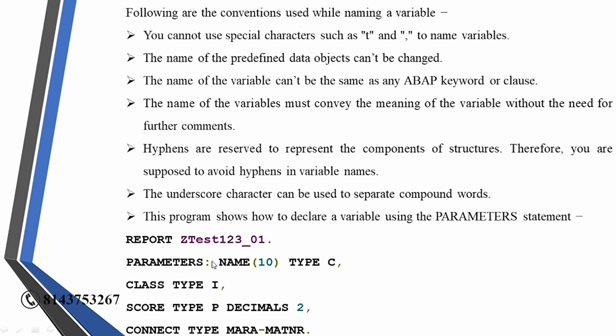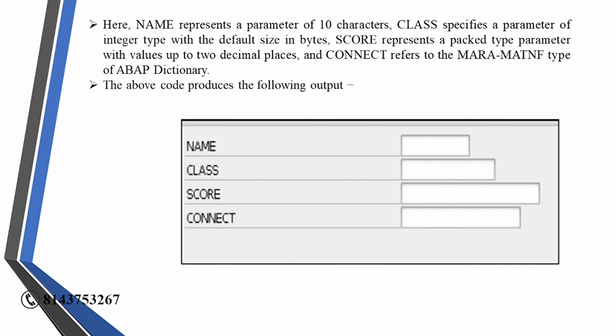But the PARAMETERS statement tells us that it does not hold data inside the program; it gets the data from the user. So how would it look? We will see here. Name has an input field which holds 10 characters of data. This way we can define our variables.